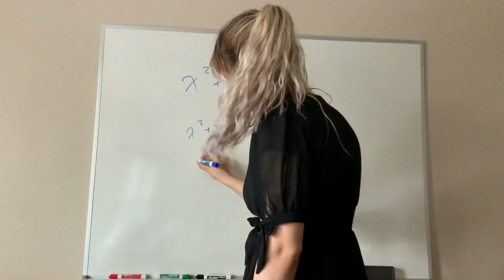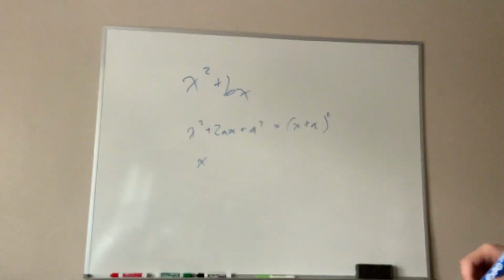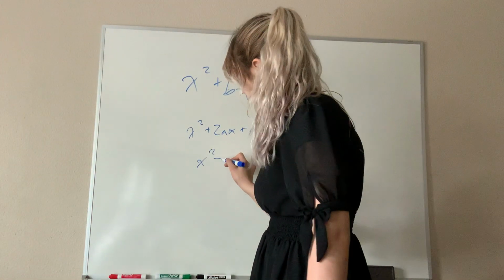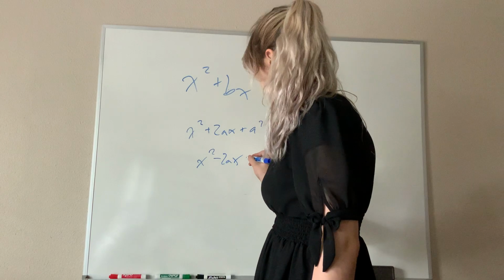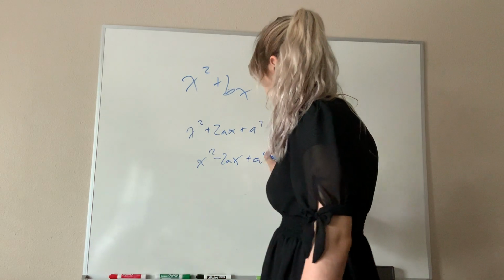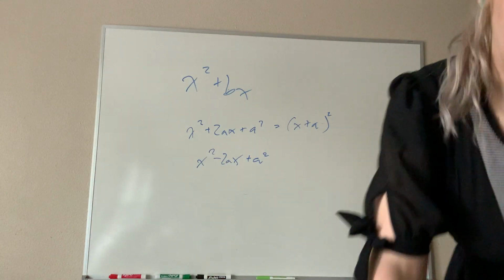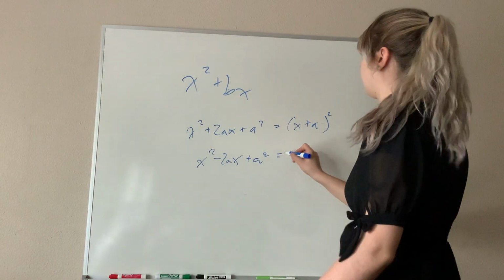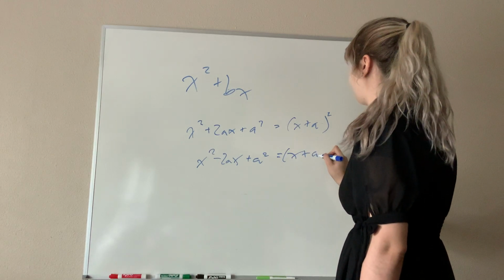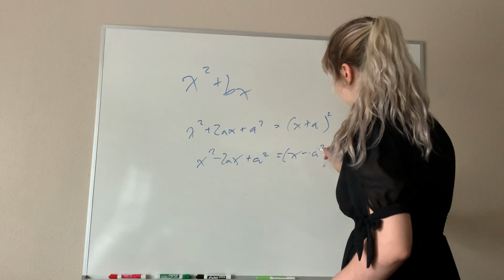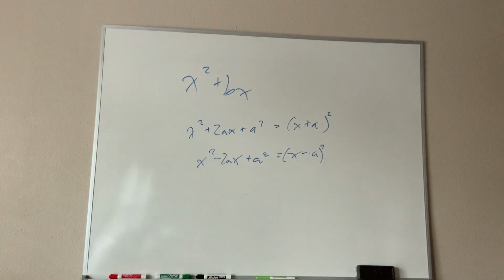Or it can be x squared minus 2ax plus a squared, correct? Which both equal x plus a squared, or x minus a squared. But those are both squares. Now we're going to try and make something look like that.